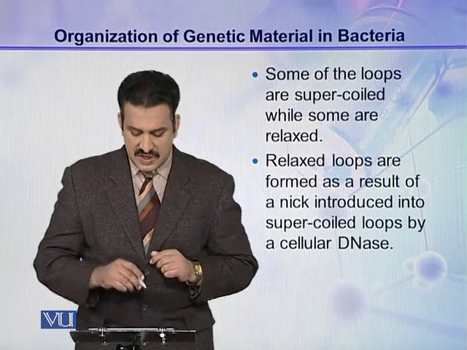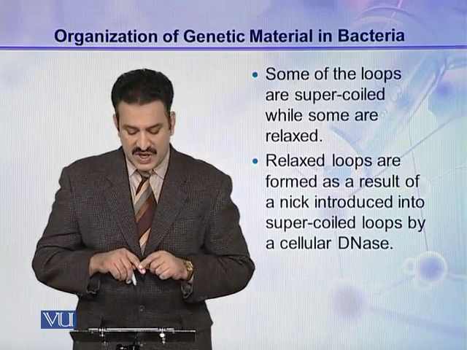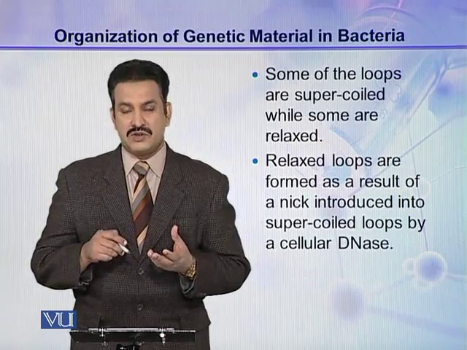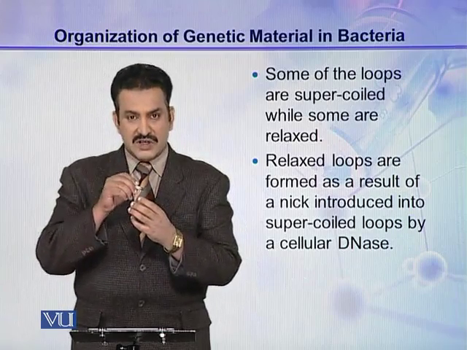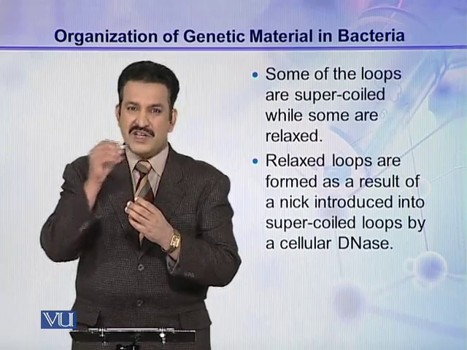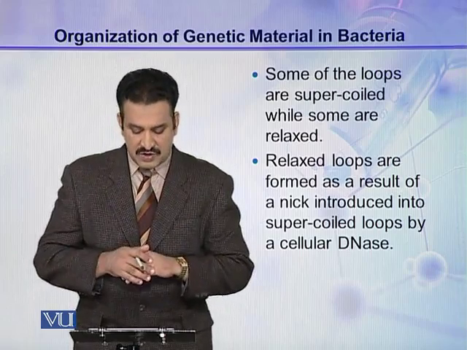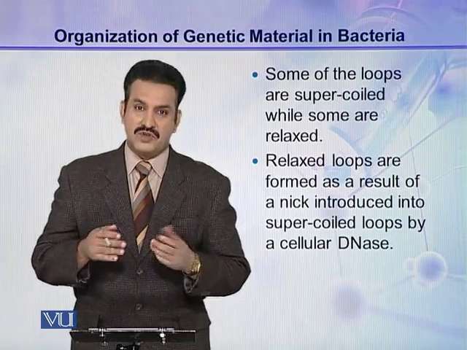For example, some of the loops are supercoiled while some are relaxed. So in this chromatin, some loops are highly coiled while some are comparatively relaxed. How are relaxed loops formed?